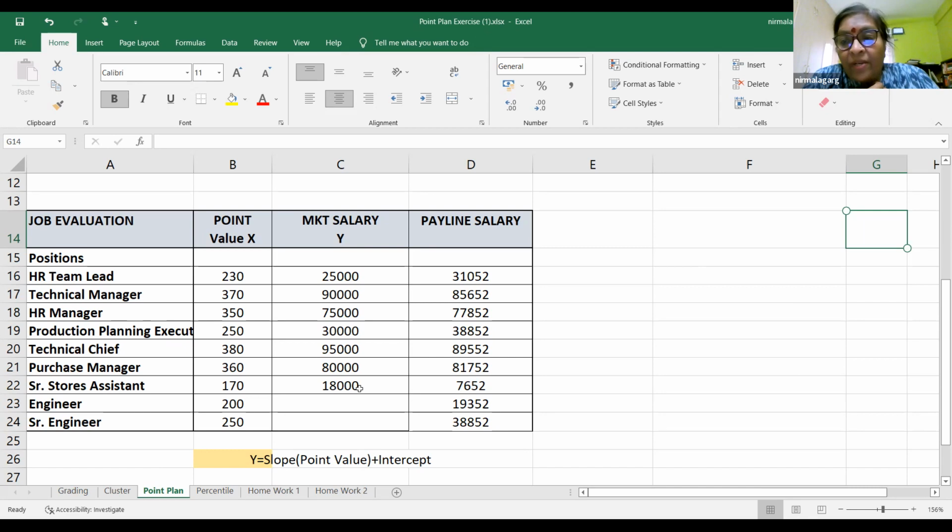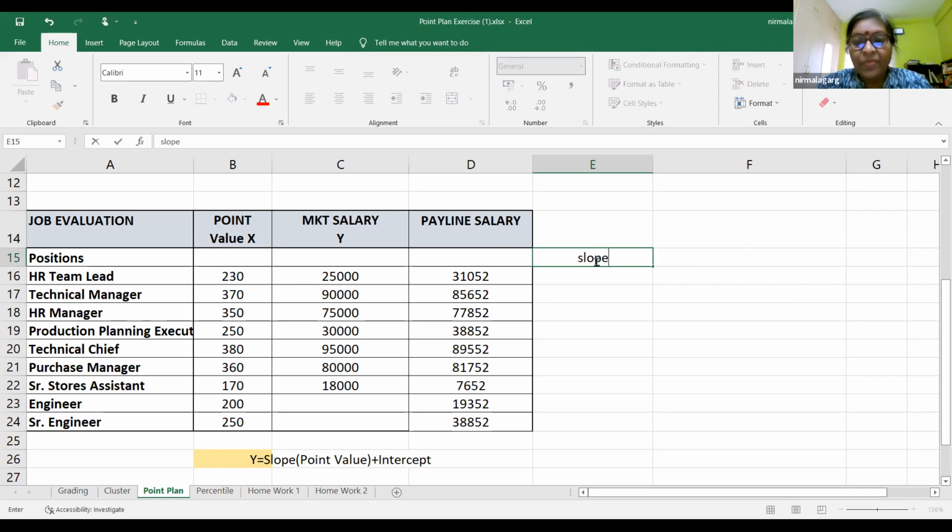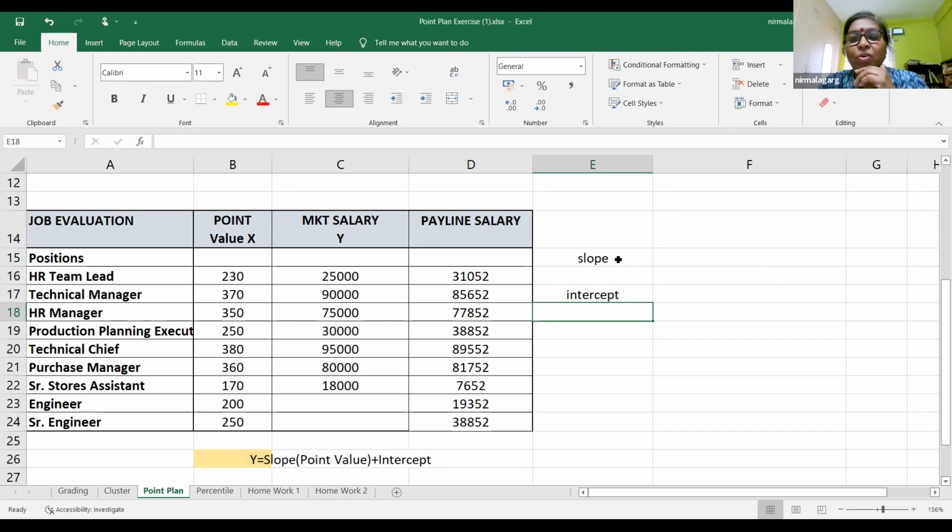Point plan job evaluation. So when you're doing point plan job evaluation, now you have to look at 2 values. What are they? You have to calculate slope and then intercept. I'll tell you what they are, but first just calculate like this.